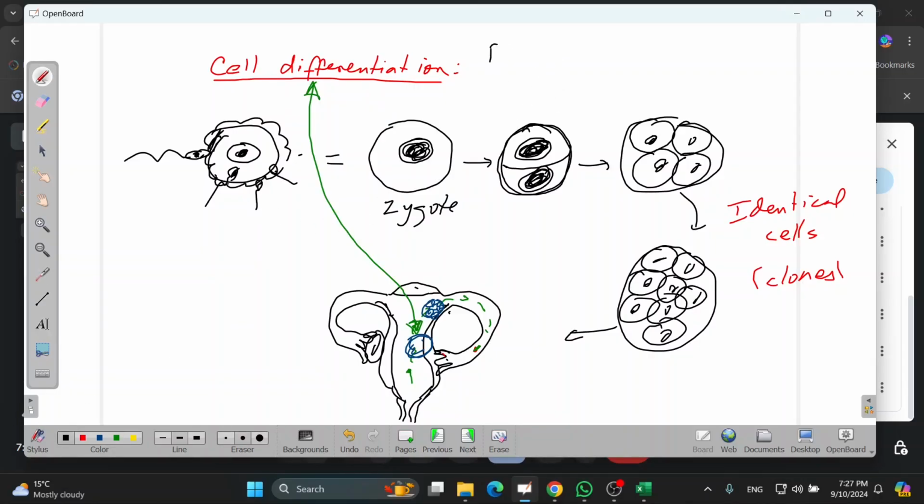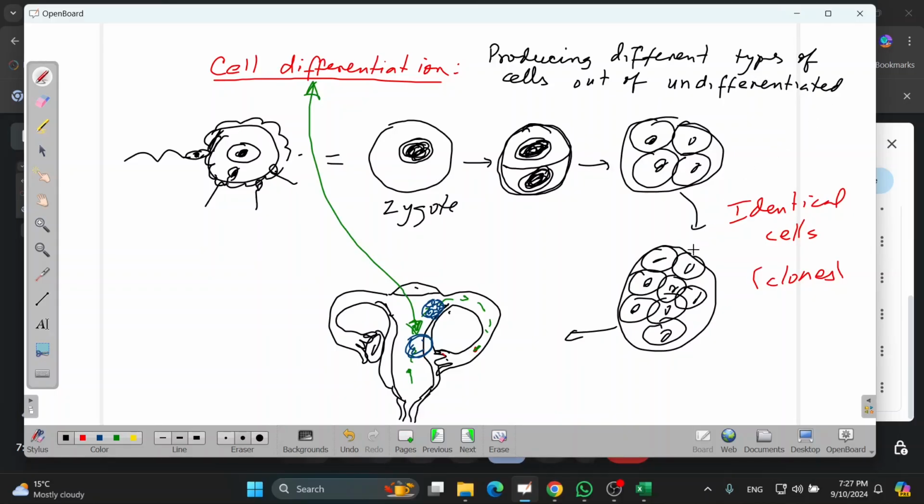So that is what we call cell differentiation, right? Let's say here, producing different types of cells, guys, out of undifferentiated cells, which are these ones here, right? They are all the same.